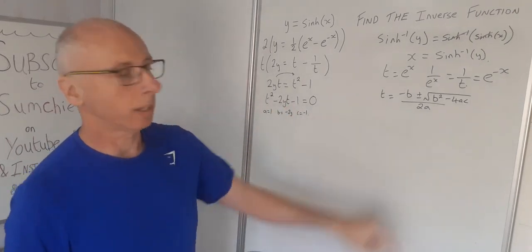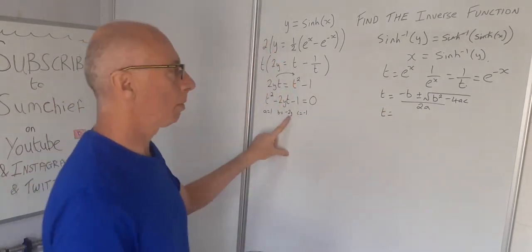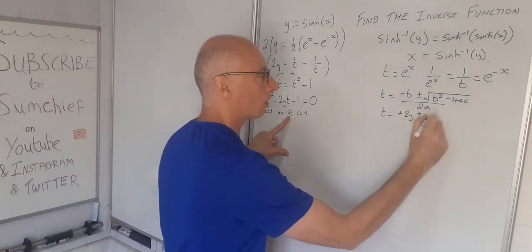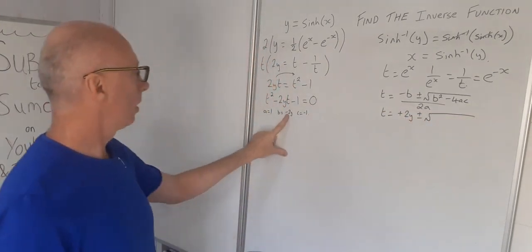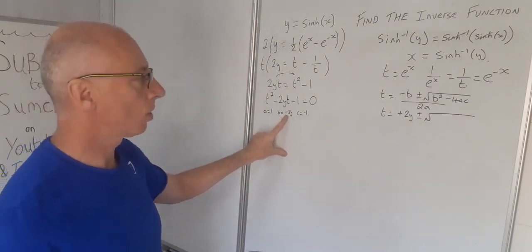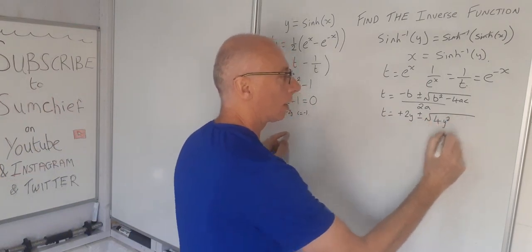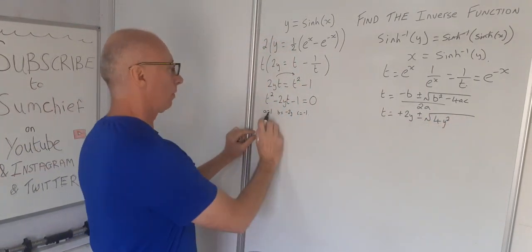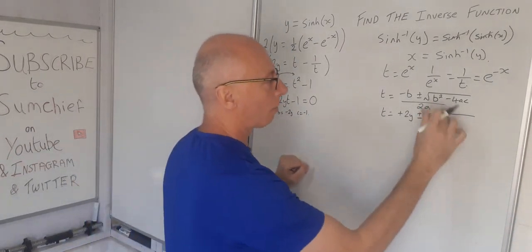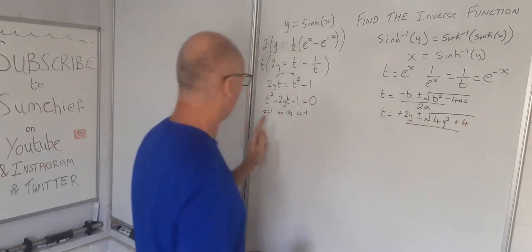So let's just plug them into here, see where that takes us. t equals minus b, so that's plus 2y, plus or minus square root, b squared, minus 2y squared, y becomes squared, and the minus 2 becomes positive 4. So that's 4y squared, and then 4ac. 4 times 1 is 4, times minus 1 is minus 4, and then another minus here, so that then gives us plus 4. And then the 2a, 2 times 1 is just 2.